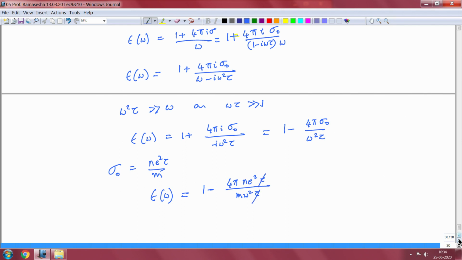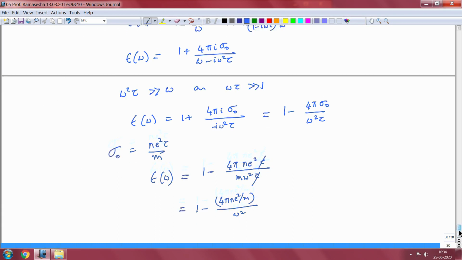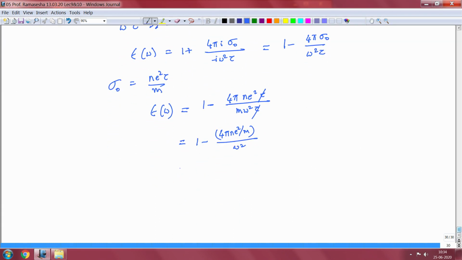So the taus go, and what we are left with is 1 minus 4 pi Ne squared divided by m divided by omega squared, and this quantity 4 pi Ne squared by m is called the plasma frequency, and I will tell you how physically it comes about. Actually 4 pi Ne squared by m is the square of the plasma frequency, and what we will get is 1 minus omega p squared by omega squared.